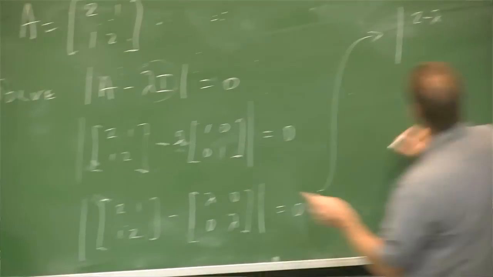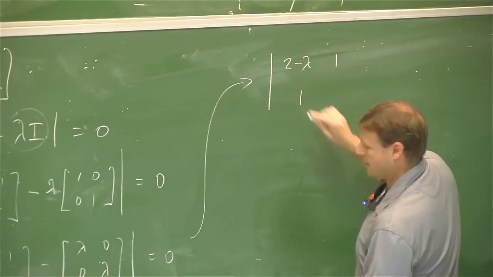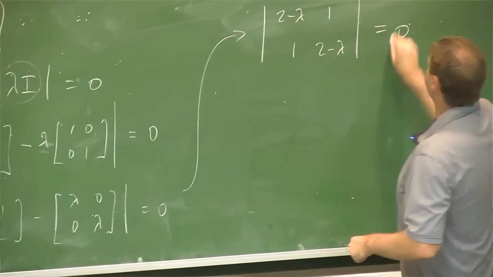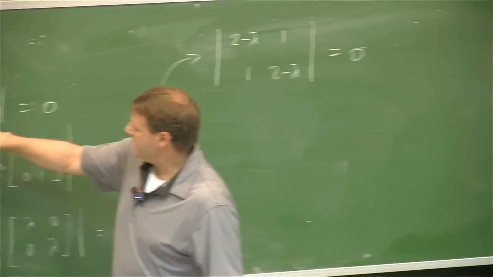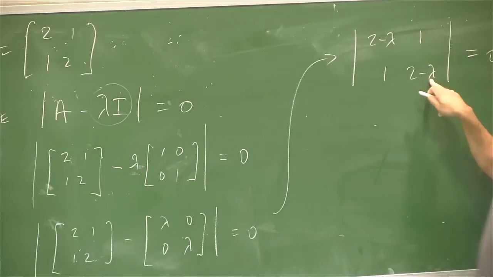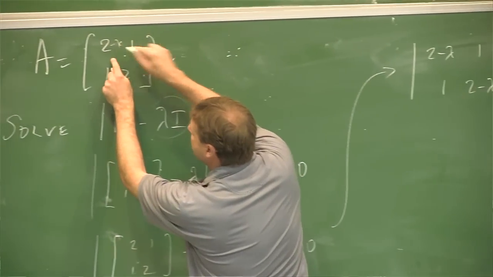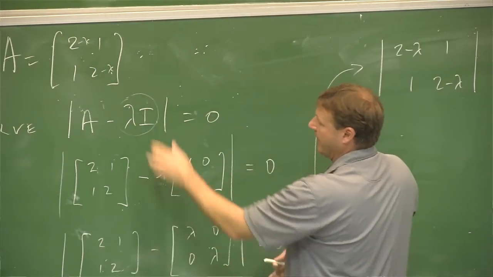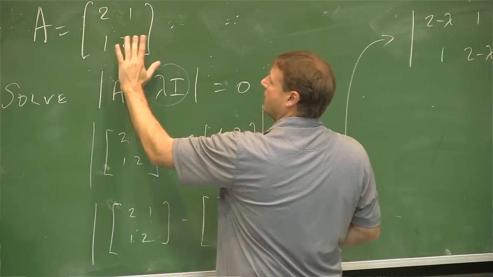Then I get 1 minus 0, so that's just a 1 there. Then I get 1 minus 0 is 1. And then I have 2 minus lambda. So when you get good at this, you go from here directly to this, because all you're doing is subtracting lambda from each diagonal. But when I'm writing it out for the first time, I want you to see all the little steps in all their glory.